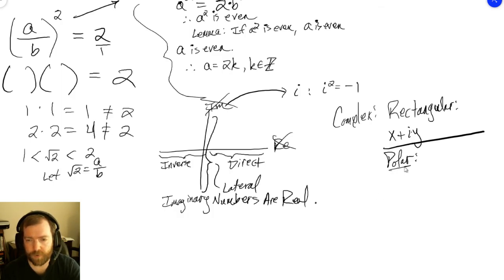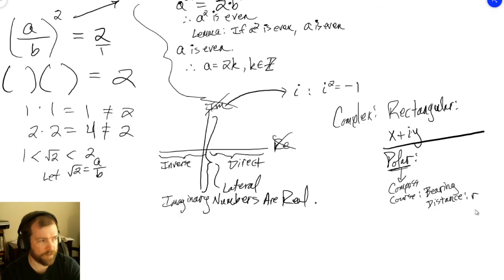So with polar form, you're basically doing a compass course. You need a bearing and you need a distance. Your distance is the r value, or the radius that you go out, and the bearing is your angle, or the theta value, around the unit circle.